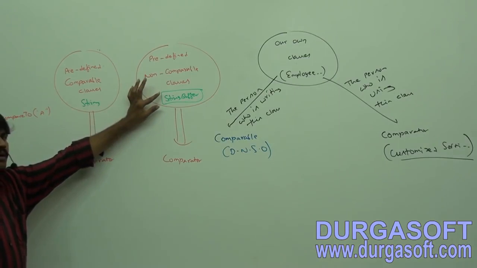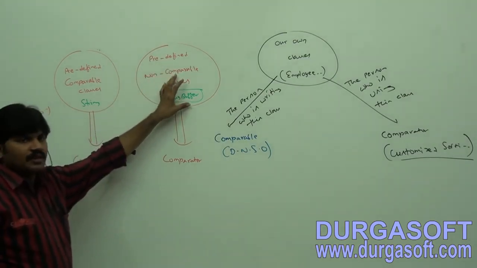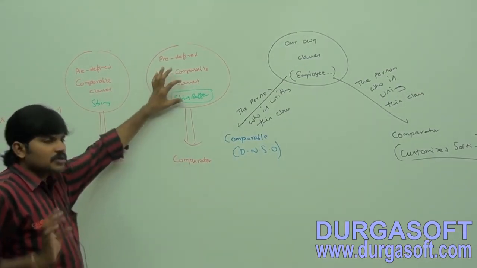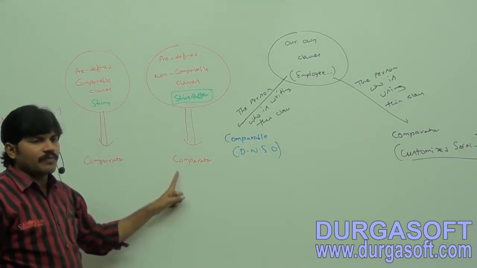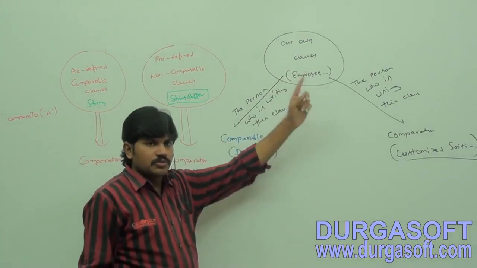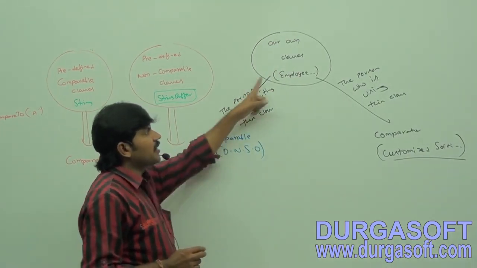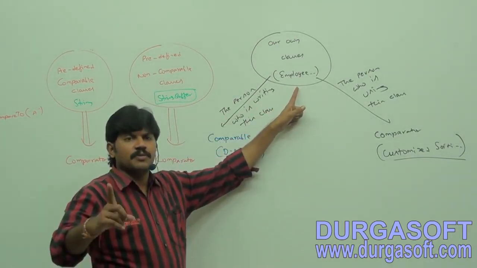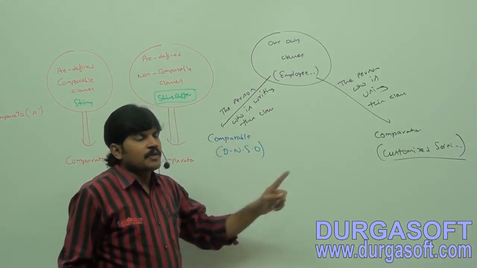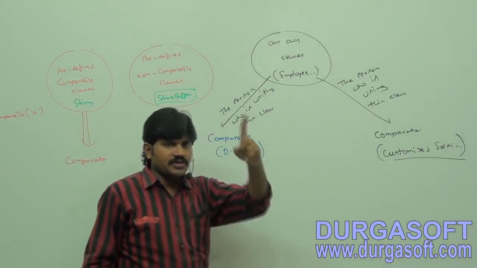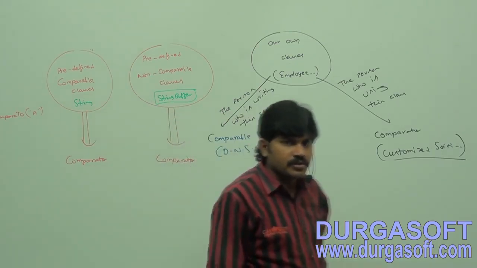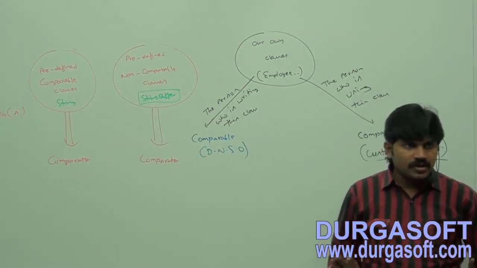Similarly, for non-comparable predefined classes, we can't change StringBuffer to implement Comparable, so if you want sorting for StringBuffer, compulsorily we go for Comparator. But for our own classes like Employee, Student, Customer, the person who is writing the Employee class is responsible to define the default natural sorting order by implementing Comparable. The person who is using this class, if he is not satisfied with it, can define his own sorting using the Comparator concept. Are you able to understand?